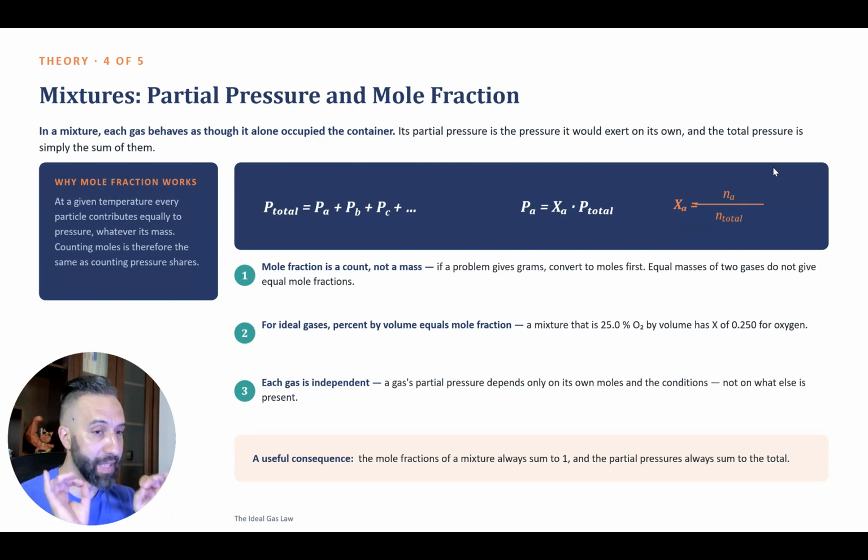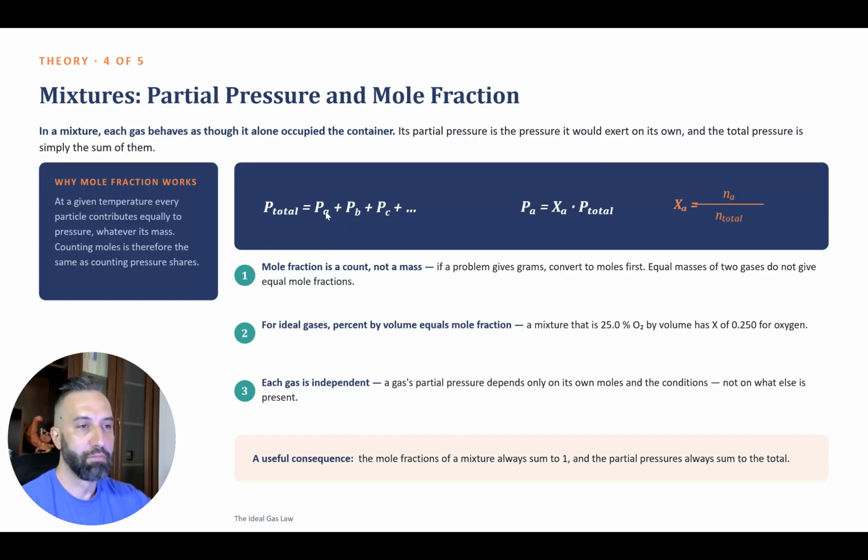This is not about mass, this is about moles. So I have 50% moles of oxygen, 50% moles of hydrogen, and my total pressure is 1 atm. Partial pressure of oxygen will be 0.5 atm, and hydrogen also 0.5 atm. What does that mean? Well, the fraction of the gases, 0.5, is their impact on pressure.